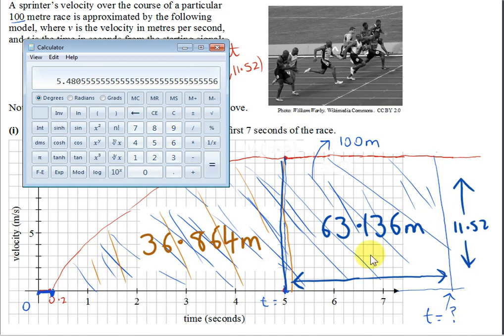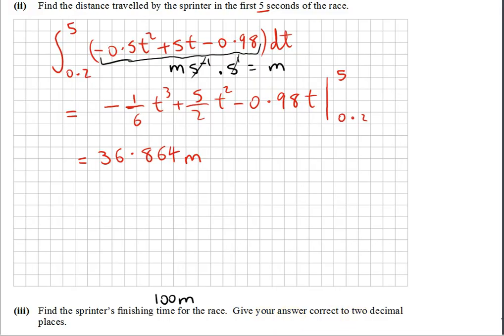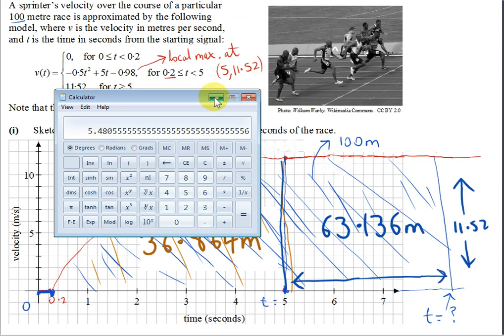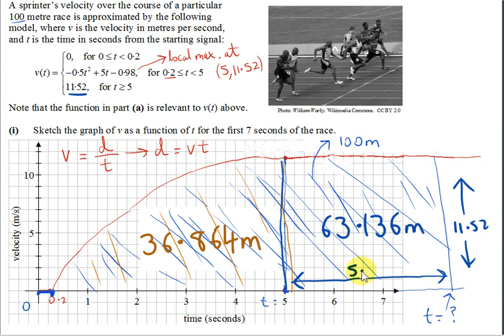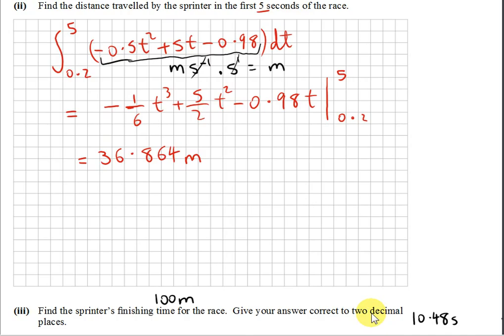So the distance along here is 5.48. So we want an answer to 2 decimal places. So now we can get t. We just add 5.48 onto 5. So t is 10.48. So the sprinter covers a distance of 100 meters in 10.48 seconds.